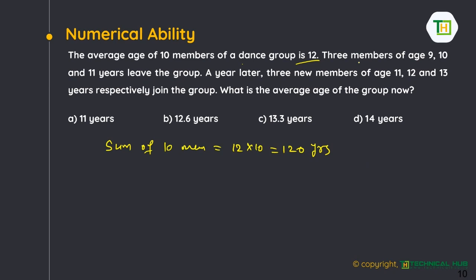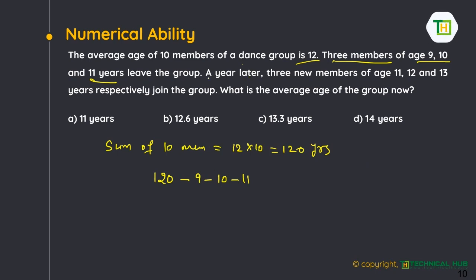Now, 3 members of ages 9, 10, 11 years leave the group. It means at present the sum is 120. From this, 3 members left, their ages 9, 10, 11. These 3 members left the group. It means you need to subtract that particular value.